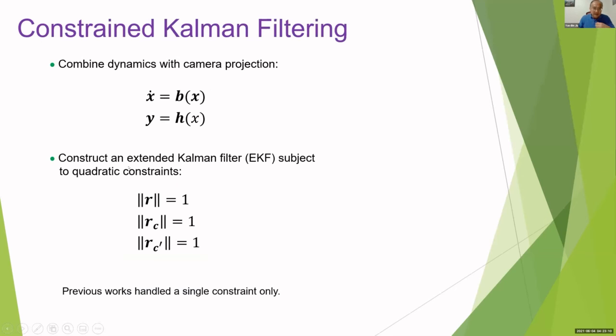So, okay, and then you combine these camera dynamics and the object flight dynamics with camera projection, and so you get this dynamic system, and you have the observables. Now it's subject to 3 quadratic constraints on the quaternions, because these quaternions have to be unit quaternions.